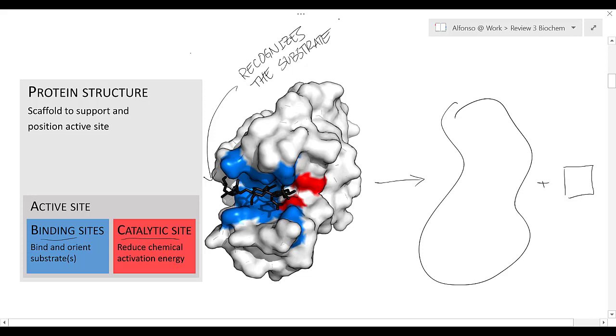It reduces the activation energy necessary to turn this substrate into this product. So the binding site recognizes the substrate, and the catalytic site reduces the activation energy, which turns this substrate into this product. This is really important. The catalytic site reduces the chemical activation energy, okay? Not the Gibbs free energy. And don't worry, we'll go over that at a later date.